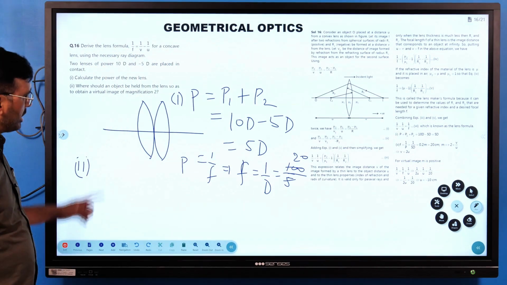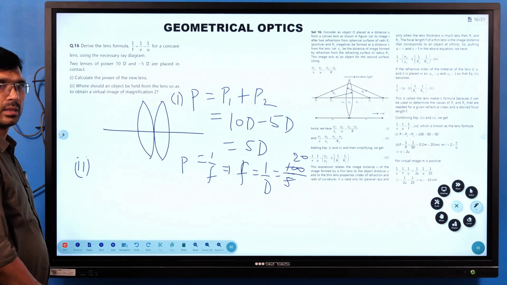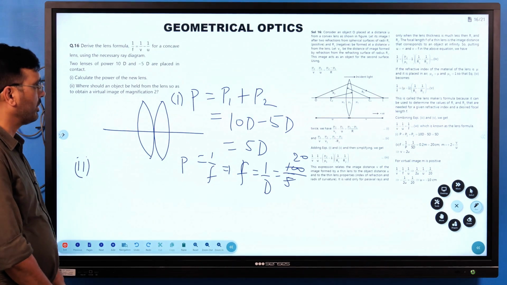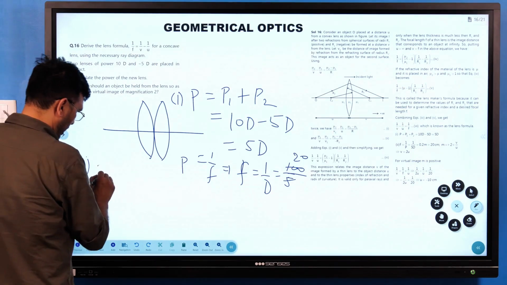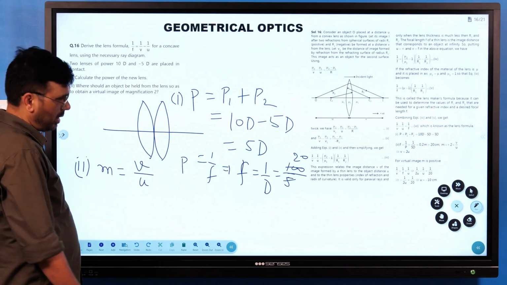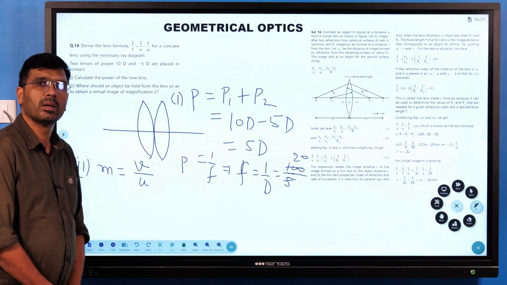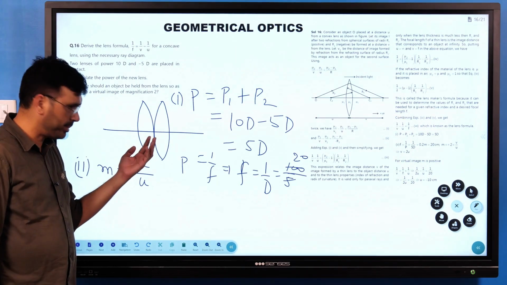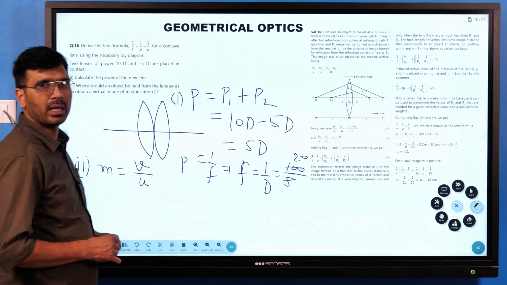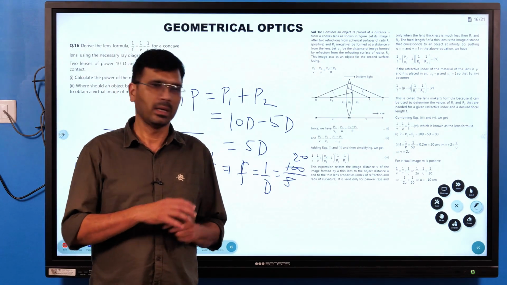Now the second part of this question is saying, where should an object be held from the lens so as to obtain a virtual magnification of 2. Obviously, m = v/u. It's virtual, which means the image should be formed on the same side of the lens as the object.